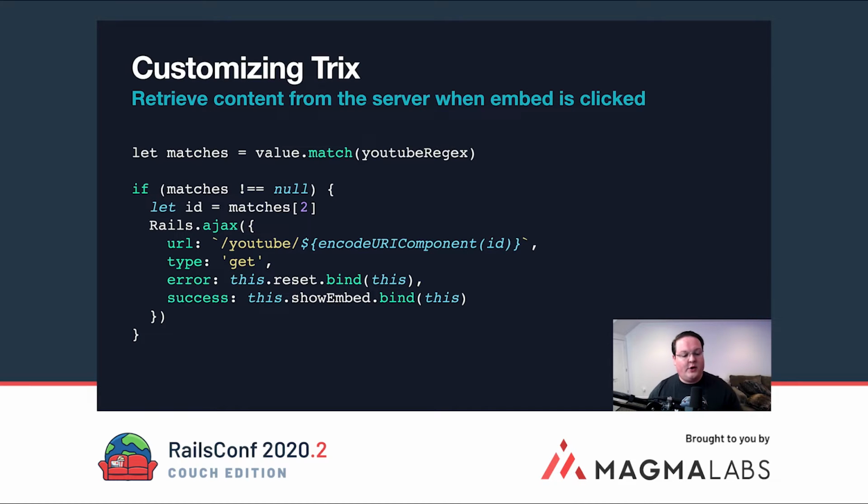So we're going to make a URL called /youtube. We'll give it the YouTube video ID, and this will be a GET request. If it's successful, then we can insert that attachment into ActionText. And if it's a failure, we can reset the form so we can hide that YouTube embed.